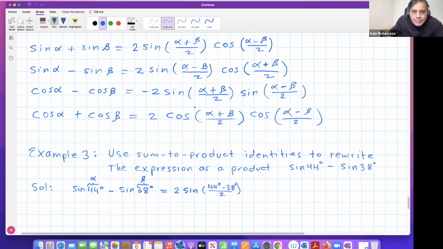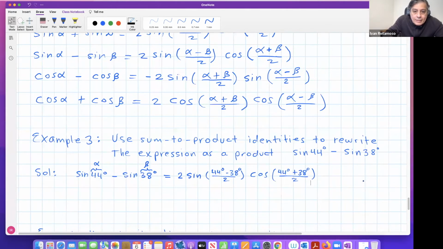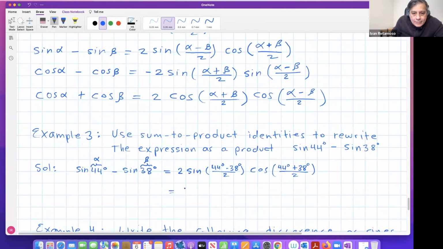Multiply by the cosine of the average of these 2 angles, right? The semi-sum, 44 degrees plus 38 degrees over 2. Great. And the rest is just to work this out.